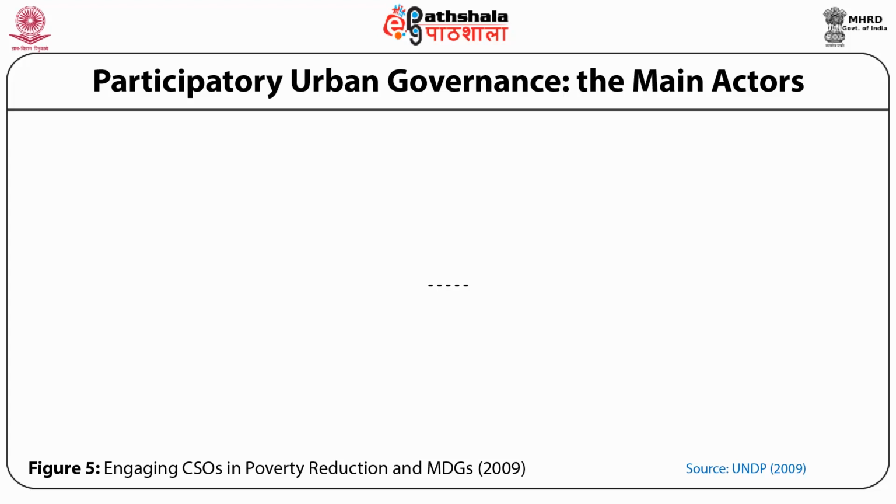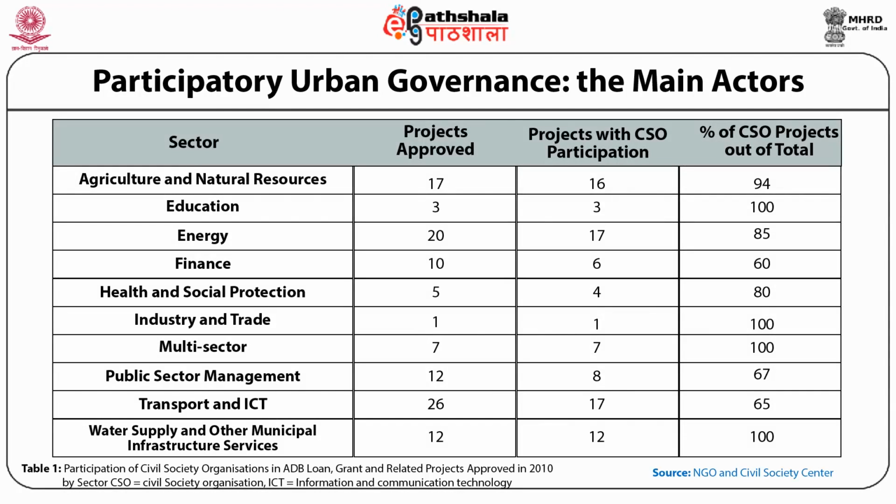Similarly, in direct removal of poverty, in about 50% of the projects in different regions, the CSOs are found to be engaged. The CSOs also play an important role in the internationally funded projects related with health, universalization of education, energy conservation, and finding new sources of energy.